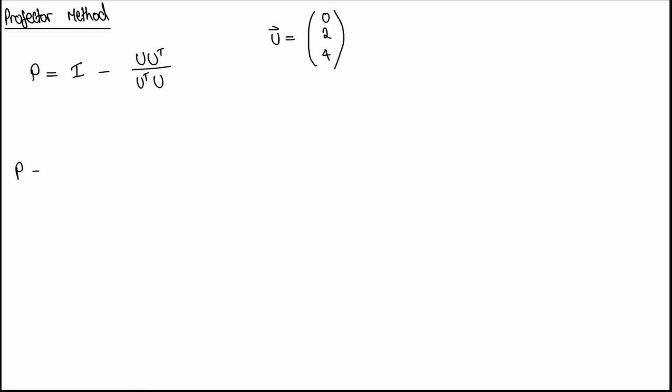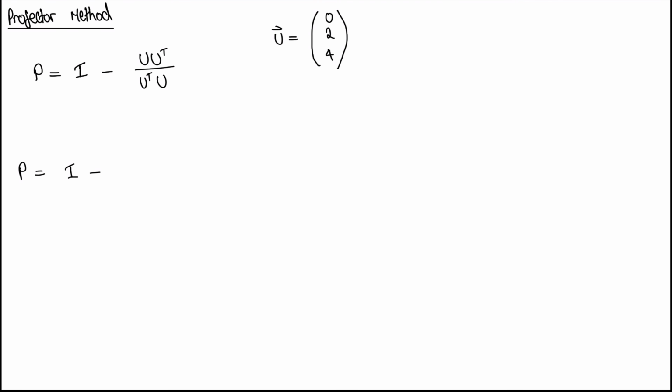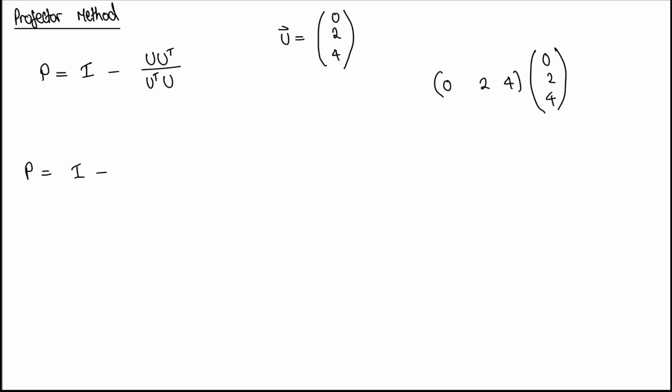We get P is equal to I minus, if we look at the bottom first, u transposed multiplied by u is 0, 2, 4 multiplied by 0, 2, 4, like this. So we do row times the column, which is just 0 times 0, 2 times 2, which is 4, 4 times 4, which is 16, 16 plus 4 is 20.